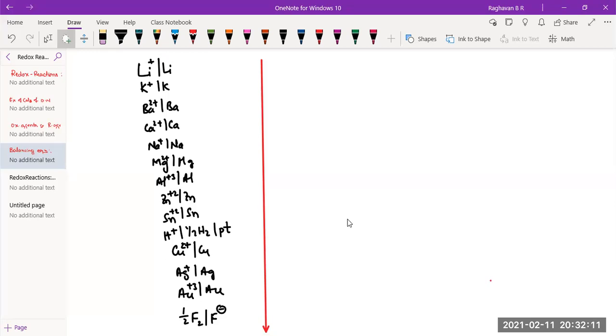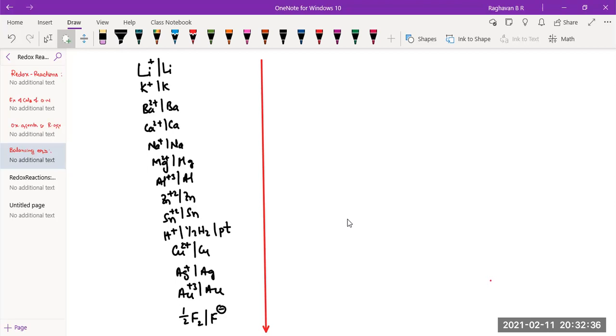So cation to atom is gain of electron, and it represents reduction potential. Similarly, for anion formation, atom to anion is also reduction potential, correct? So all are reduction potentials only. Whatever we have written is a list of different single electrodes obtained by arranging different elements in the increasing order of SRP. So it is SRP, the reduction potential, that we have to represent.